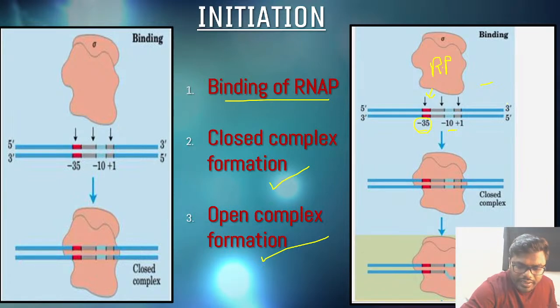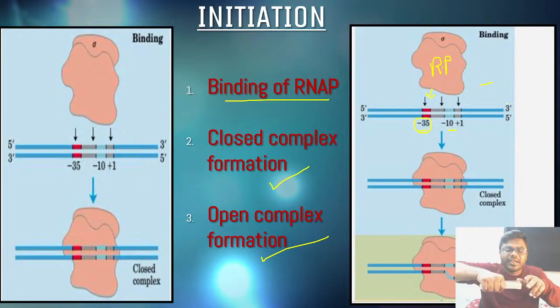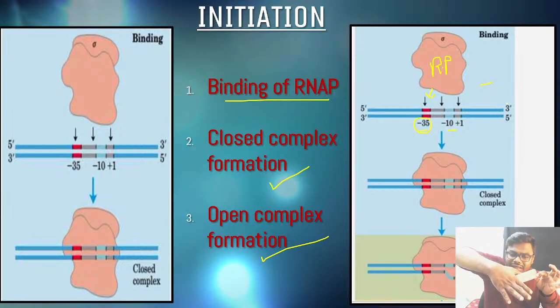Imagine my hand is the RNA polymerase and this entire area is the promoter. It will attach very tightly, in such a way that the RNA polymerase enzyme cannot move at all. That much tightly it attaches.